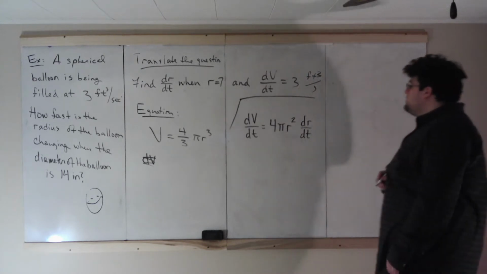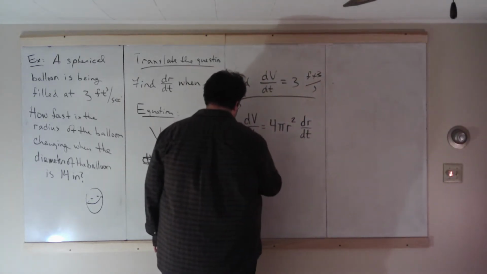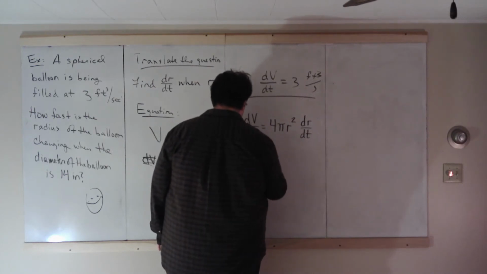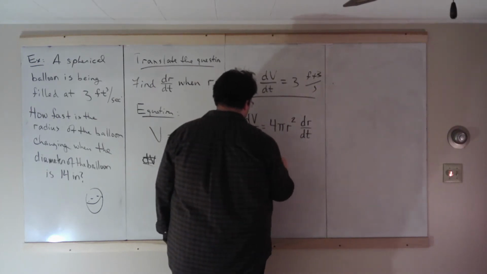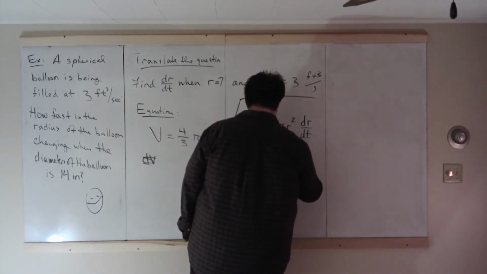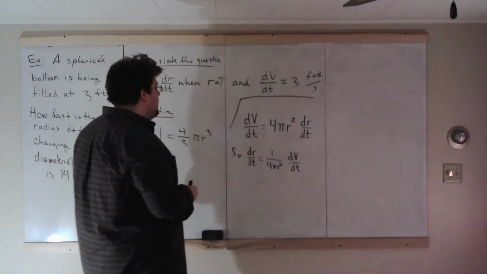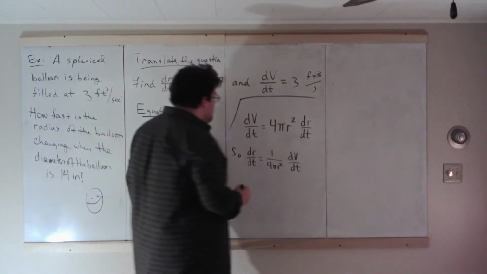And now we just need to substitute and solve. Here's dr/dt. So I'll solve it like this time. So dr/dt is what? It's 1 over 4 pi r squared times dv/dt. So just divide by the thing in front of dr/dt. Substitute. What do we get?